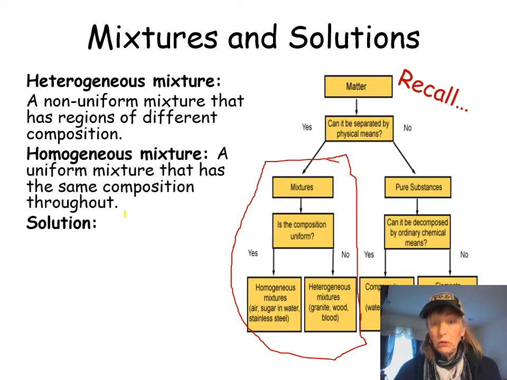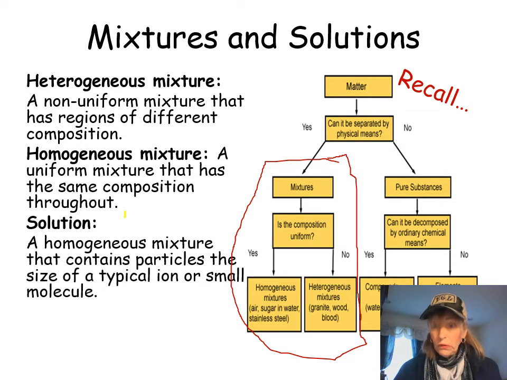We called them solutions: homogeneous mixtures that contain particles the size of a typical ion or a small molecule. This chapter on solutions is going to focus on that one part of our matter breakdown.